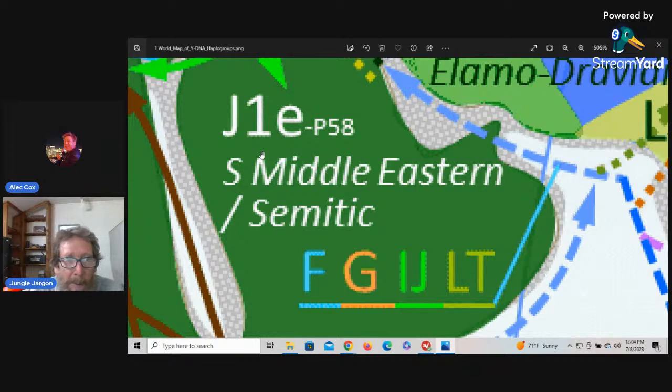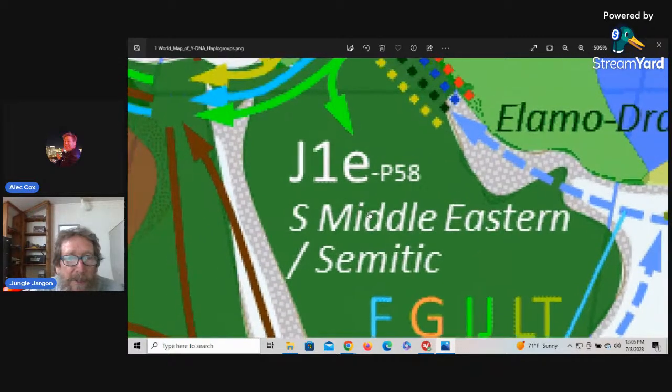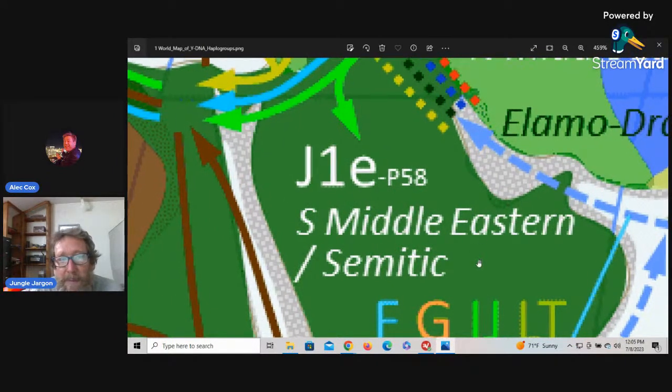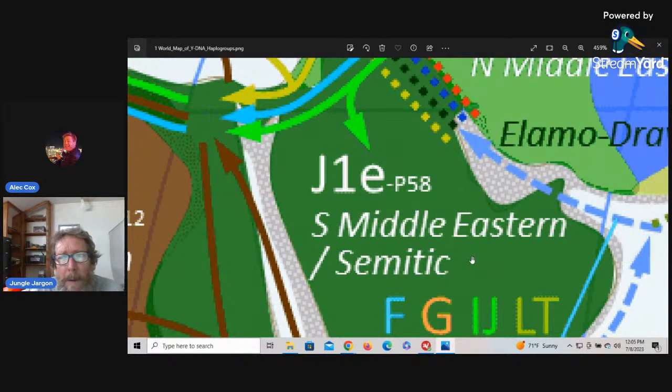It's called a haplotype, which is a specific designation of a haplogroup. J1 is the haplogroup, and J1 P58 is a specific haplotype.